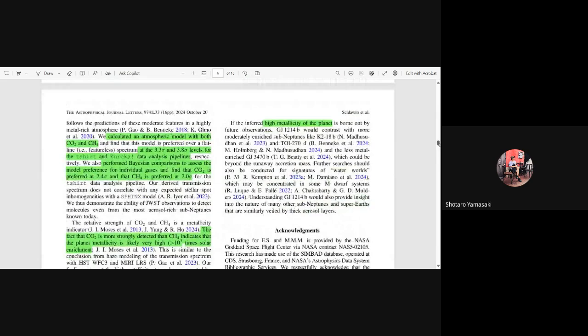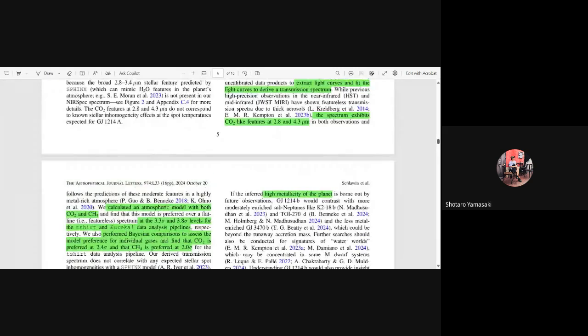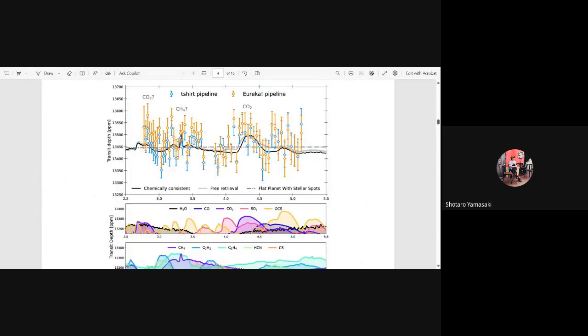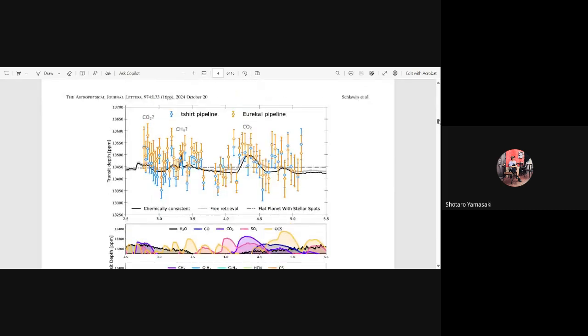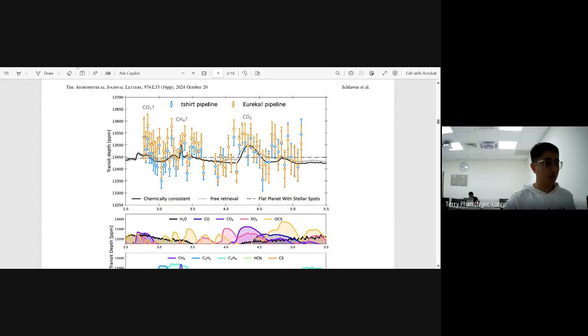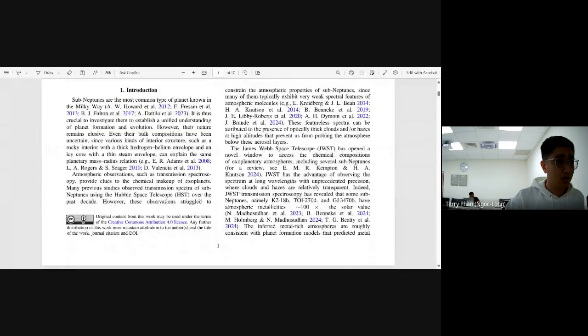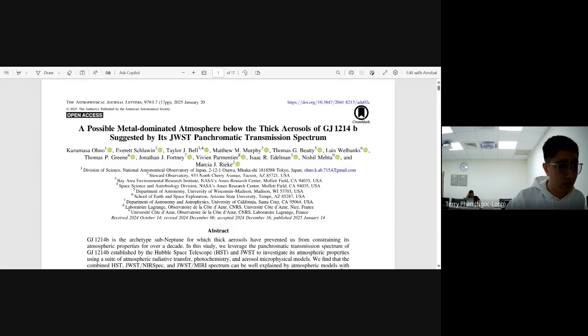I see, I got it. For this source, is there anything they can do in the future? Is this source already done, or could additional spectroscopy help understand the atmosphere? Actually, in their follow-up observation, they talk about the metal-dominated atmosphere of this exoplanet, and it was already published in January.